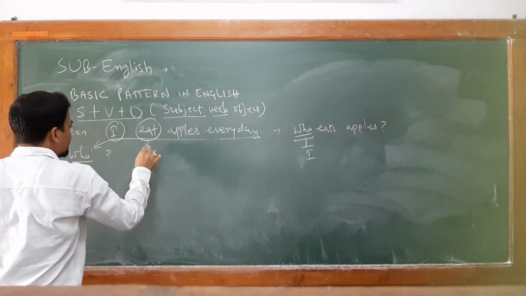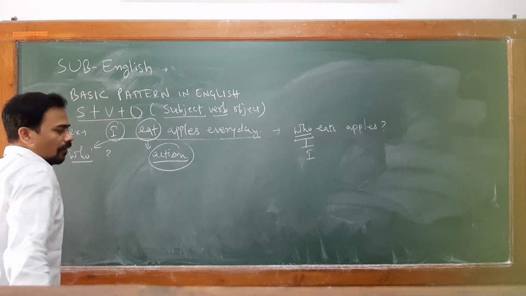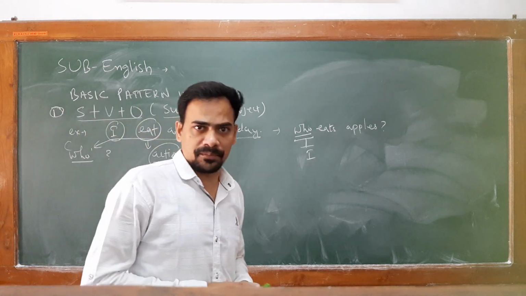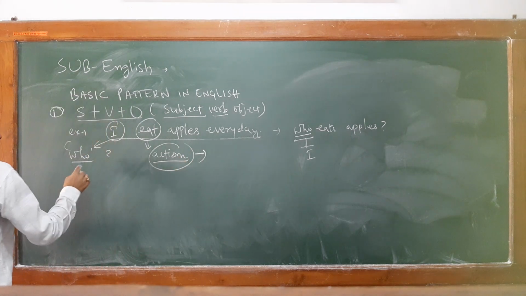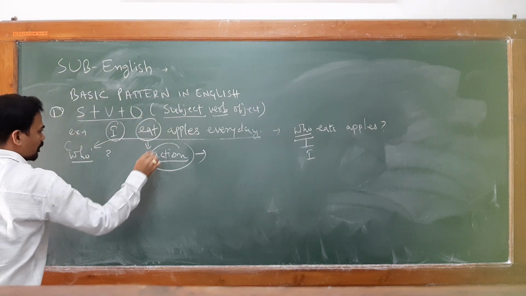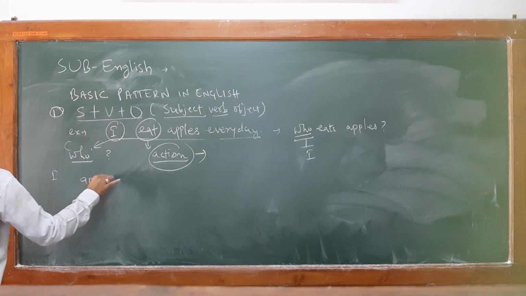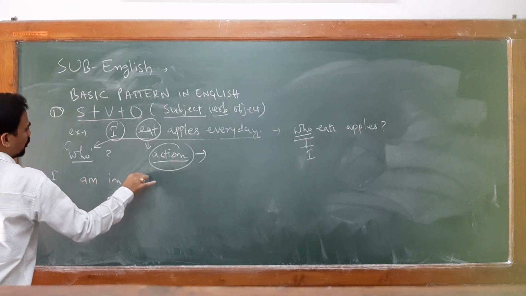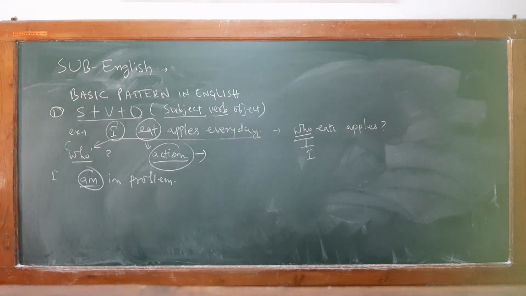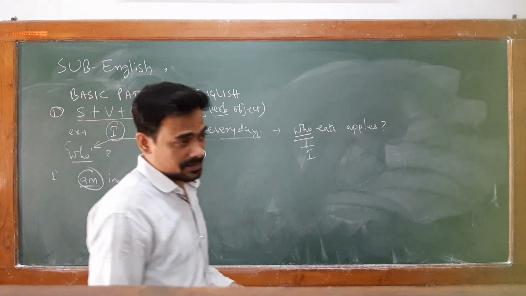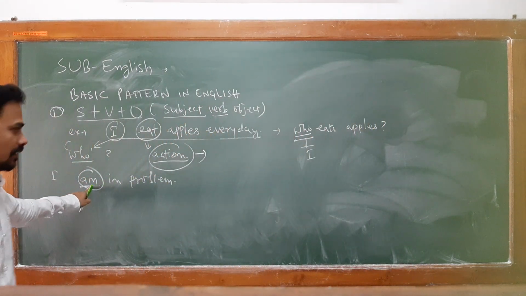Verb means any action word. Any action word can be your verb. But apart from action words, we have other verbs also. Like, if I cite one example: I am in problem. Here the verb is the helping verb am, but this verb doesn't denote any action.